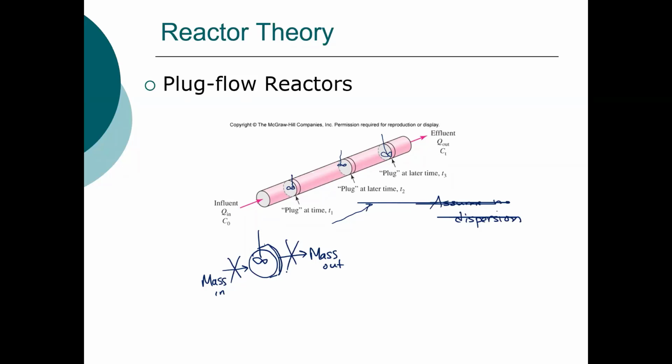So essentially it's kind of like a series of batch reactors moving down this reactor or pipe. Okay. So at time t1, that parcel is here. At some time later, t2, it's over here. Some later time, t3, it's here, and eventually it emerges.